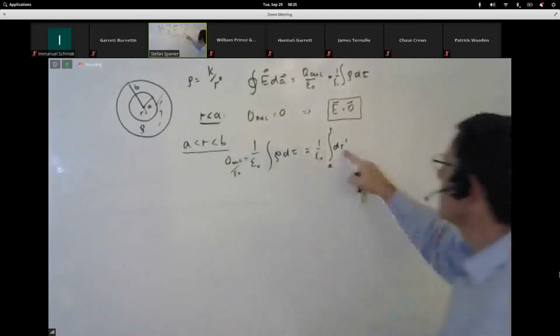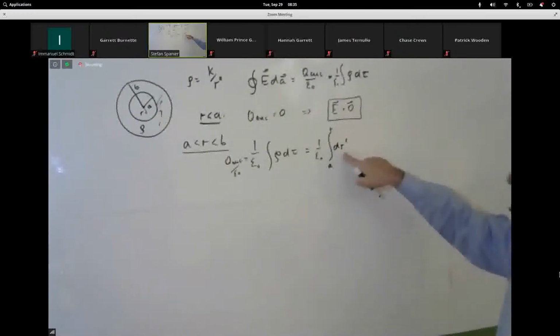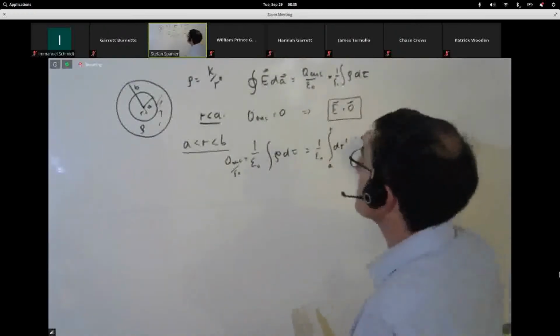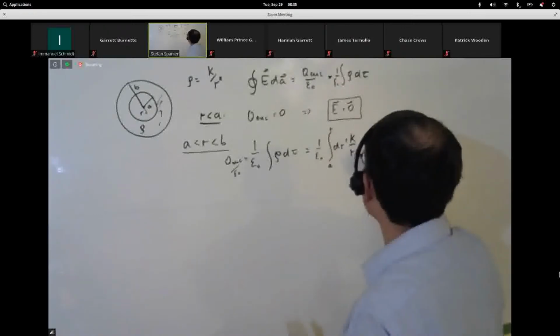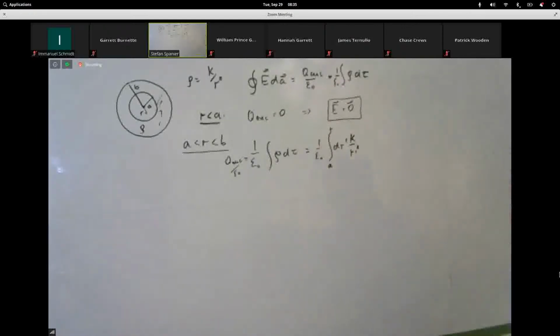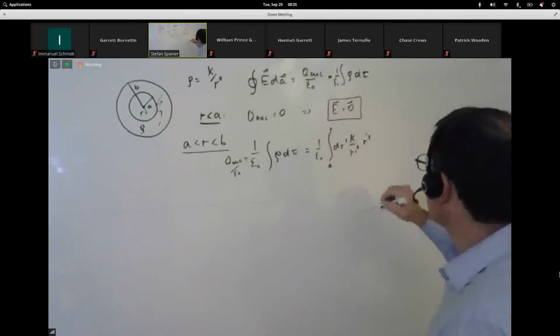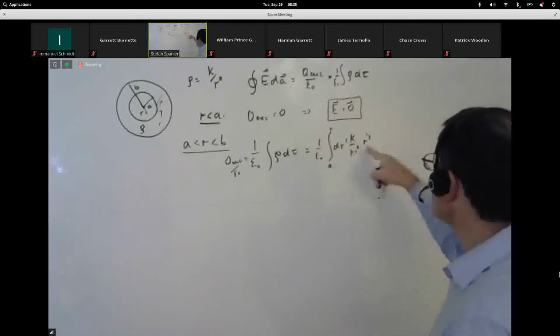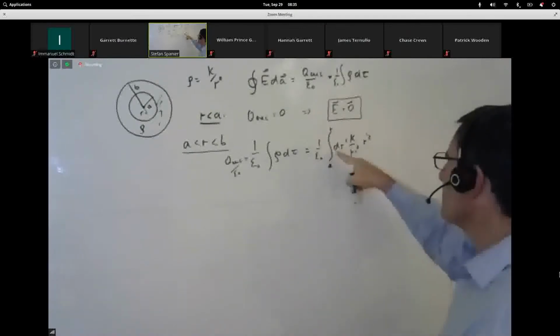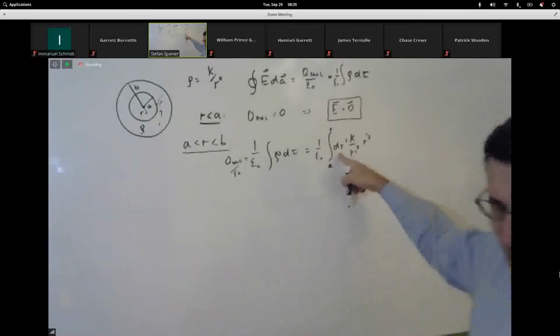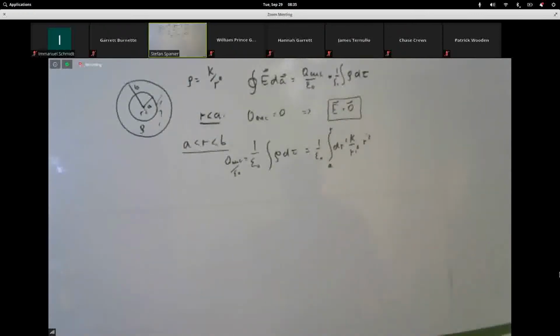It's good to indicate this r here is the integration r. So then it becomes k r prime square. And then the integration is over r prime. So this r square in principle belongs here, but I wanted to indicate I'm doing the r integration here.